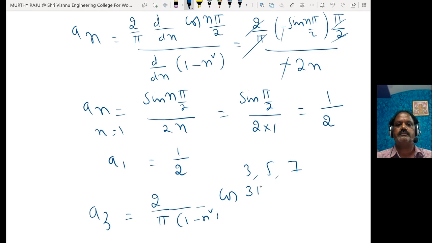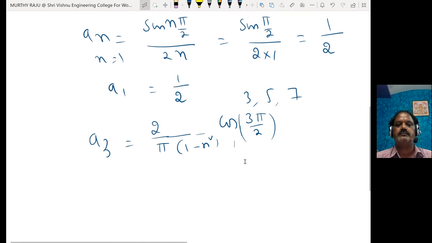Cos 3 pi by 2 is 270 degrees, cos of 180 plus 90, that is cos 90 minus cos 90, that is 0.